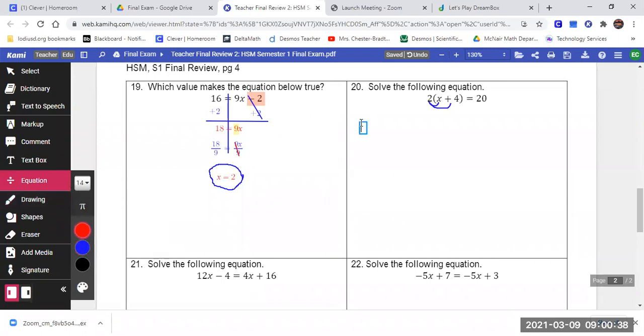Okay, this says 2 times an x plus 2 times a +4, and it is a plus in front of the 2 because the 2 is a positive number.